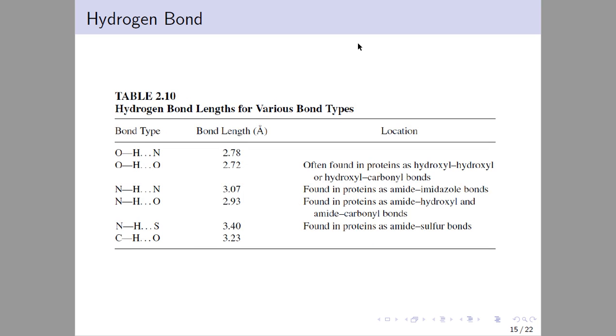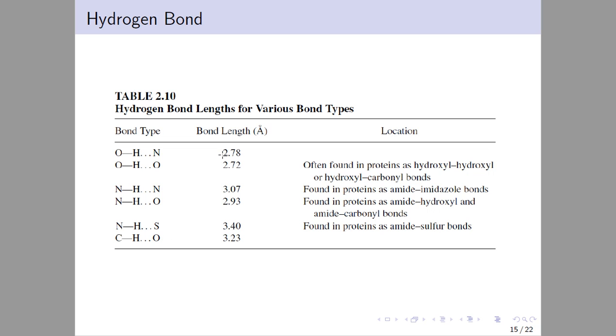Okay, the length of a hydrogen bond depends on the atoms involved. Here we have nitrogen and oxygen, and oxygen and sulfur.